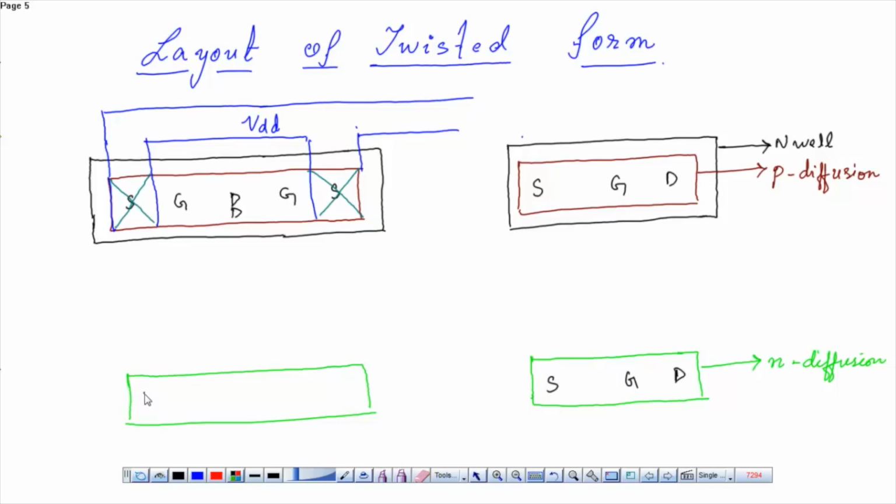Similarly we have the source, gate, drain and source at one terminal, then gate and the drain terminal. Okay, now let's finish this part. Now the source of this PMOS has to be connected to the metal layer.